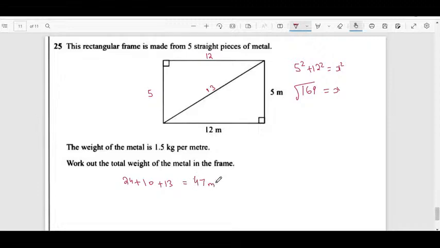This 47 meters is just the sum of the boundary sides or the total length of this shape. Per meter, the weight is 1.5 kg. So if you have 47 meters, what would be the weight? 47 multiplied by 1.5, and that is going to give you 70.5.